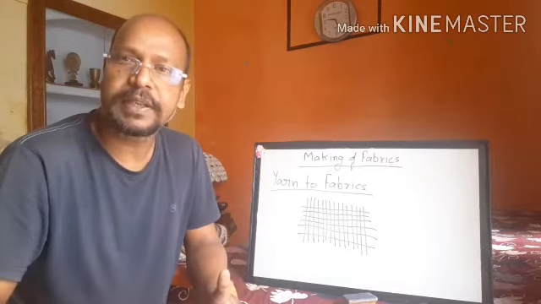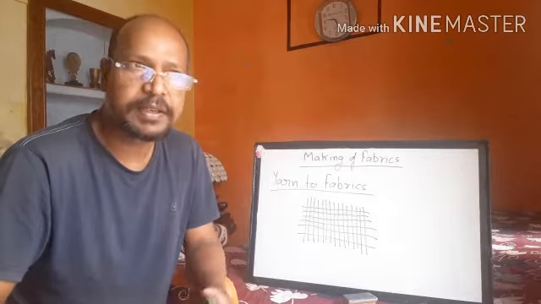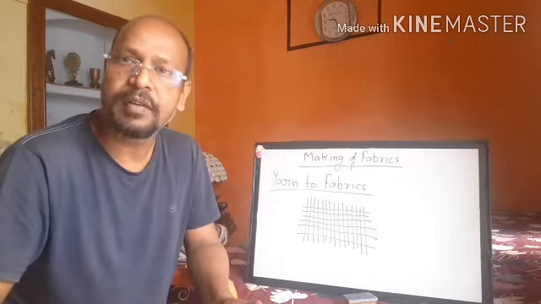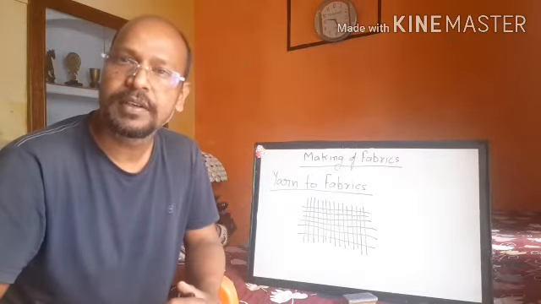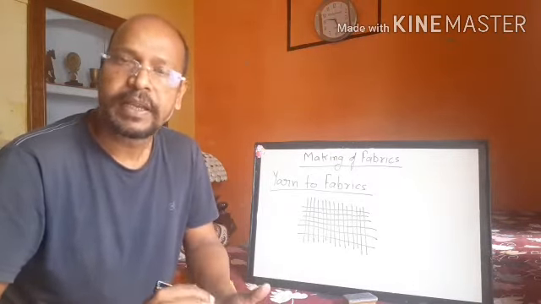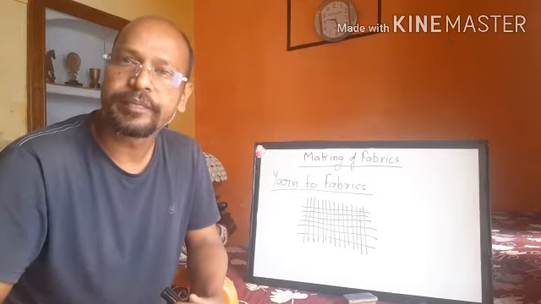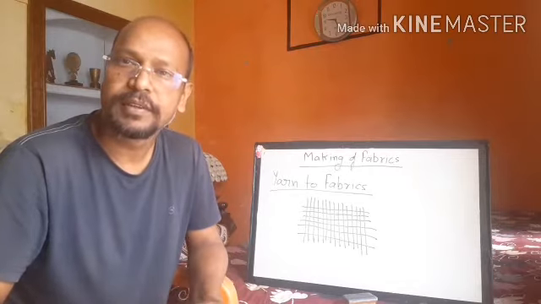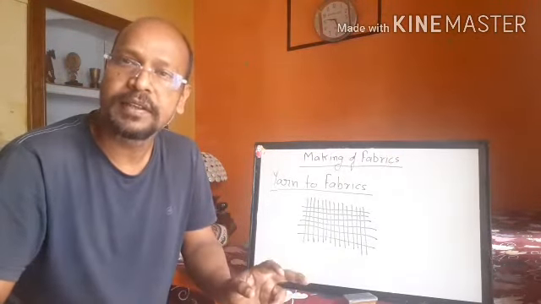The second method is knitting. Knitting is done with two sticks of metal or wood. In ancient times, people used wooden sticks for knitting. In knitting, only one yarn or thread is used to make the cloth. So that is the main difference between weaving and knitting.